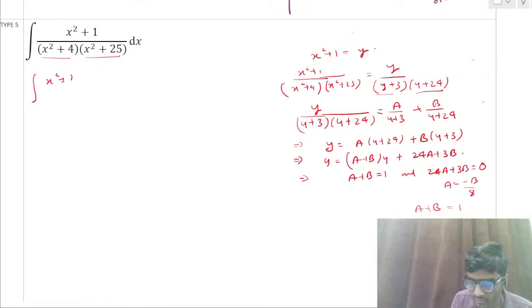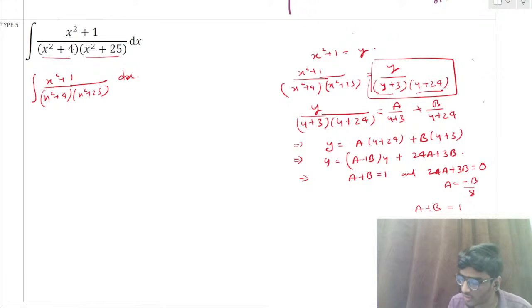We are going to write x plus 1 upon x square plus 4 plus 25 dx. Here this is written in this form, where y plus 3 is nothing but x square plus 4.